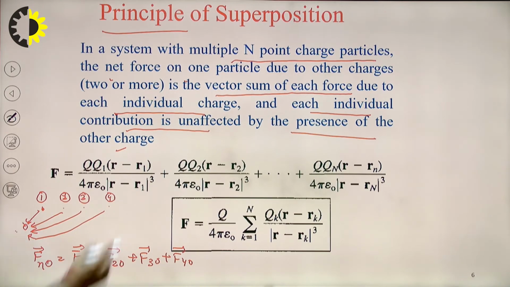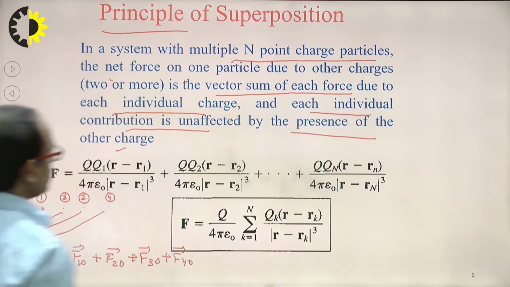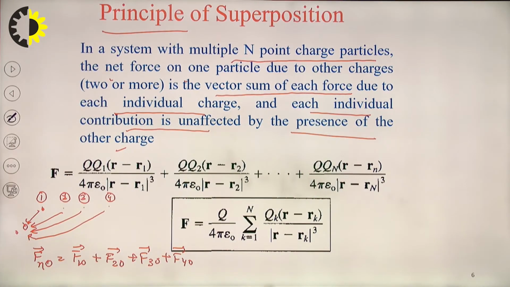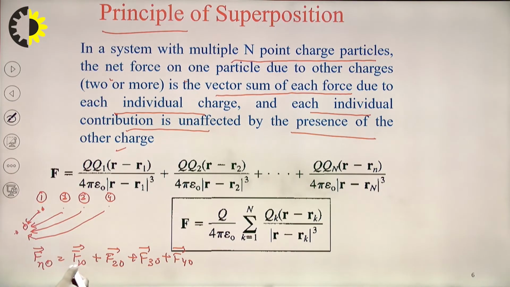So this superposition principle states that the total force applied on this point charge 0 will be equal to the vector sum of each force due to the individual charges, and each individual contribution will not affect the other forces, that will be F10 plus F20. Similarly, what will be F10?